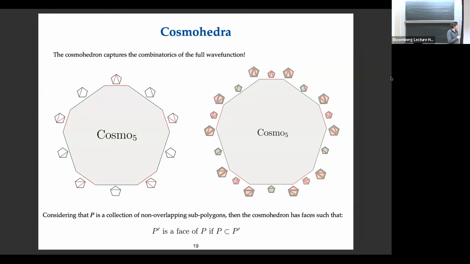You think of the red ones as full Feynman diagrams, and these ones are just partial triangulations. They contain contributions from different Feynman diagrams. So I wouldn't call it a 4-point function, but they just contain contributions from different Feynman diagrams.